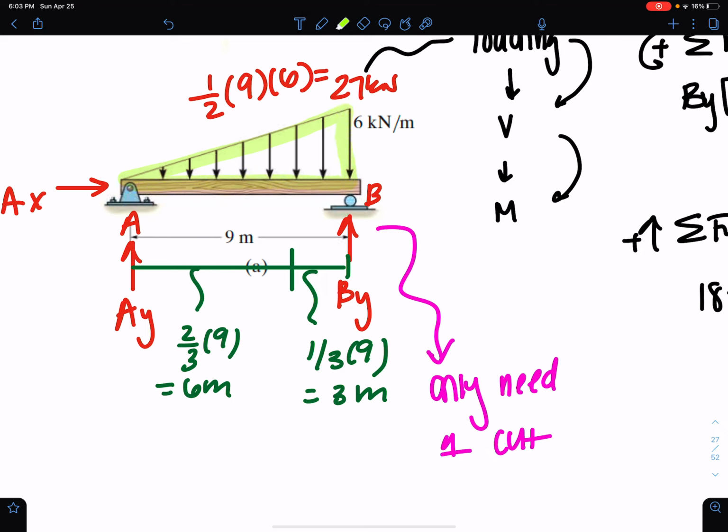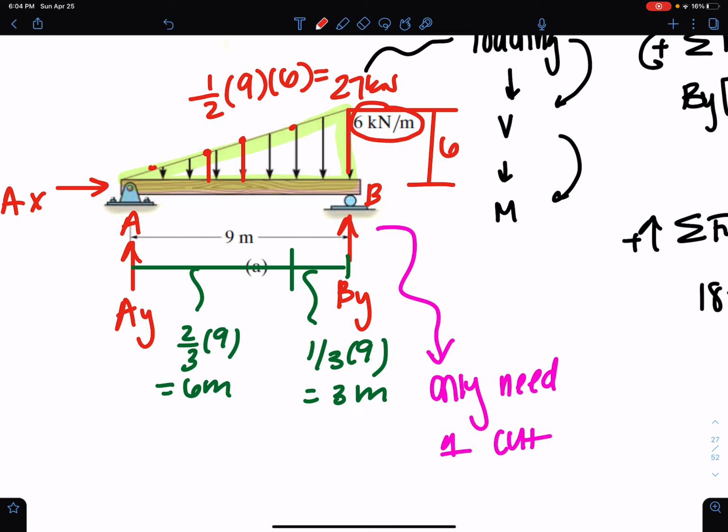We have this outer triangle here. And we know that the total value at 9 meters gets to 6 kilonewtons. So this height here, this length here, is all 6 kilonewtons, right? From here to here, 6. We want to know what the value is at any point X, right?